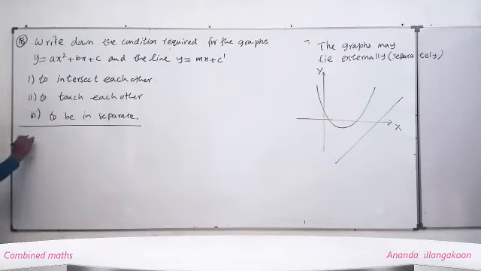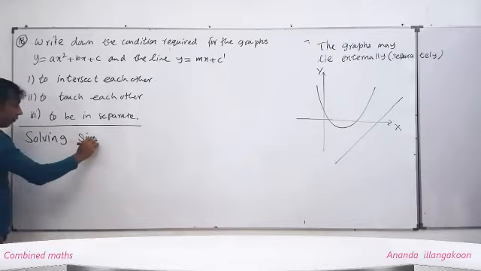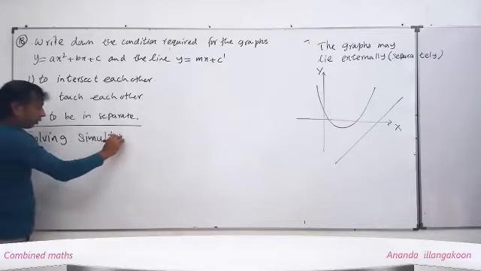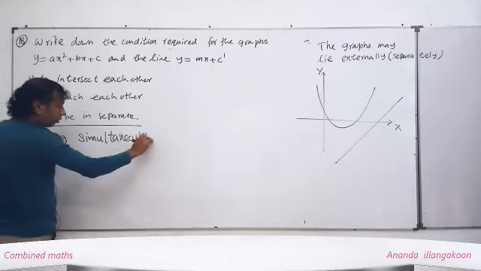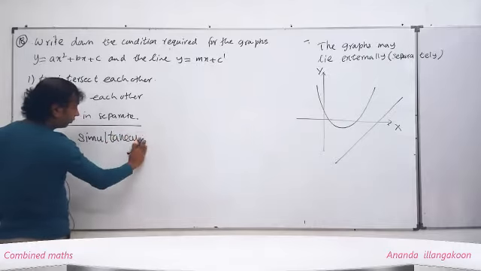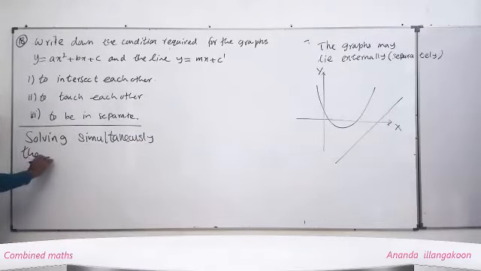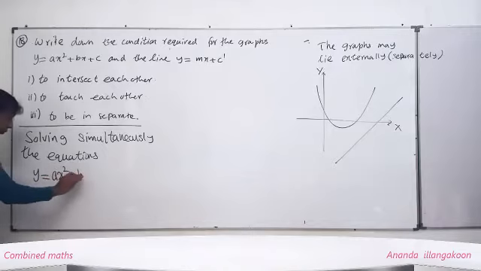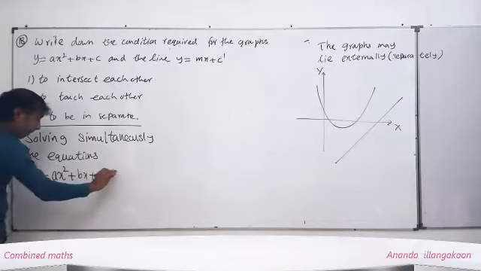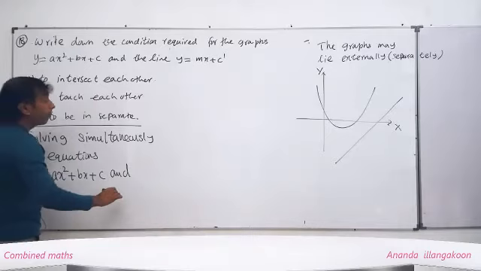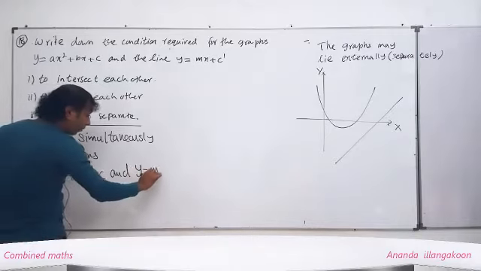Now we can write, solving simultaneously the equations y equals ax squared plus bx plus c and y equals mx plus c dash.